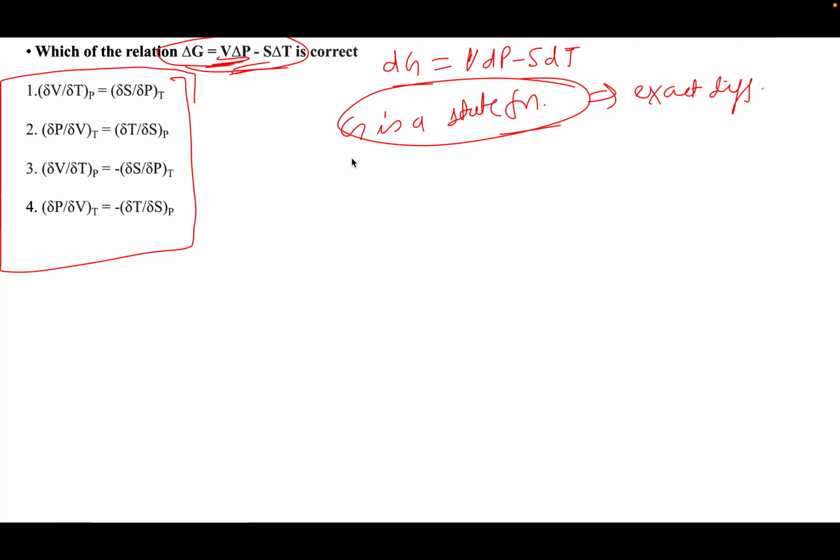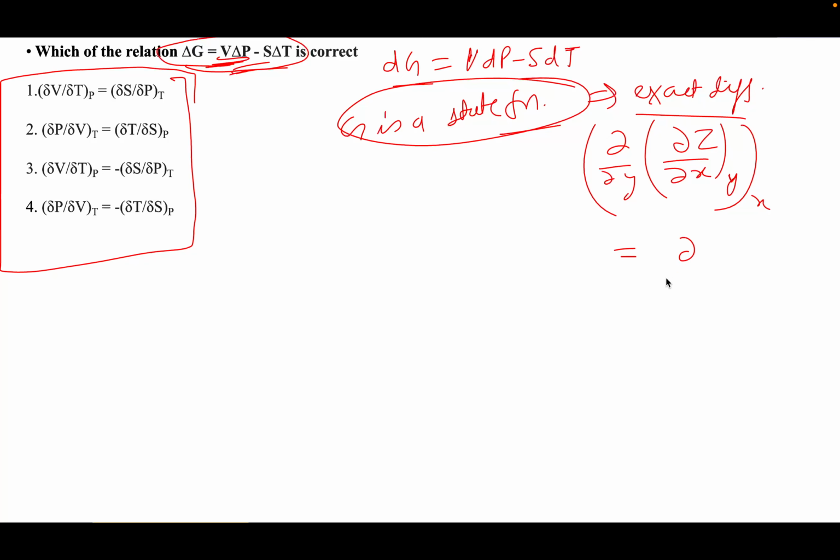This means that according to the exact differential, if z is a function and we differentiate it with one quantity first, that will be equal to differentiating it with respect to the other first.